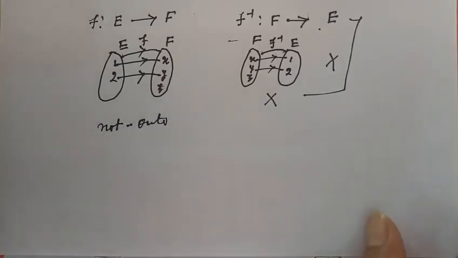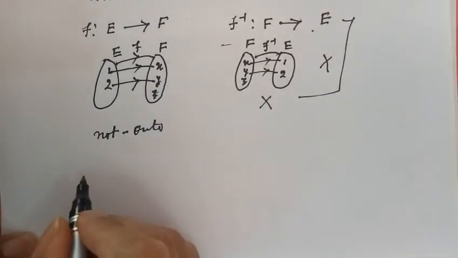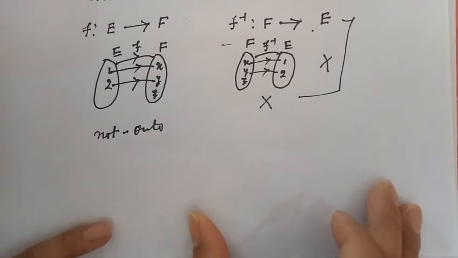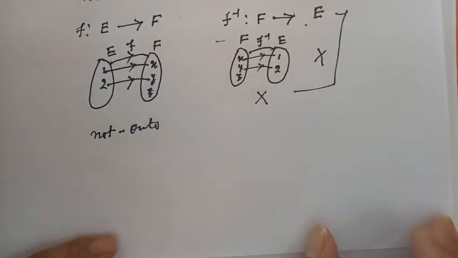From the above discussion, we know that invertibility of a function is only possible when the function is 1-1 and onto. That means bijective.